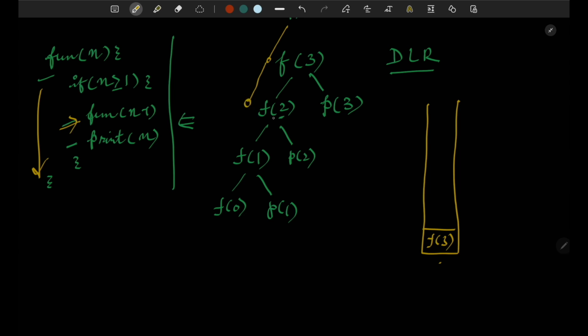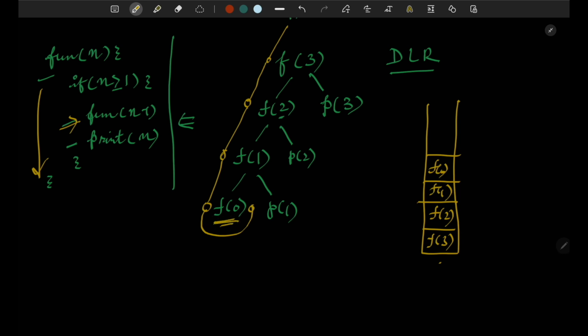We see that we have encountered f of 2, and this is what we push to the stack. Then we come to f of 1, and we push this to the stack. Then we come to f of 0, we push this to the stack, and finally at this point this is the last time that I am going to encounter this particular f of 0.